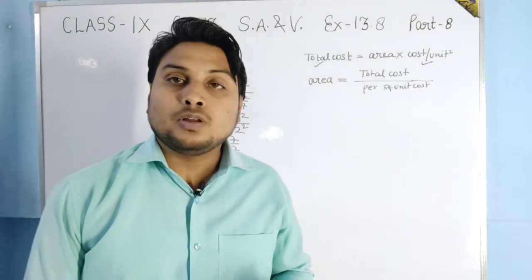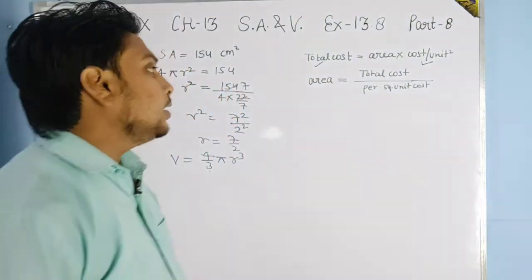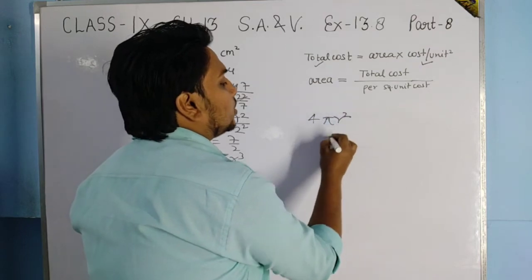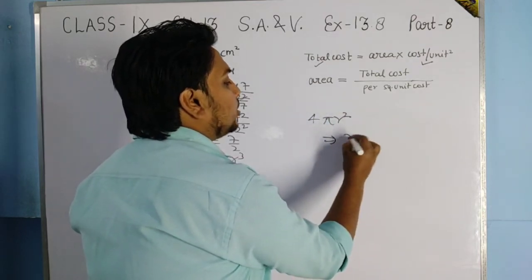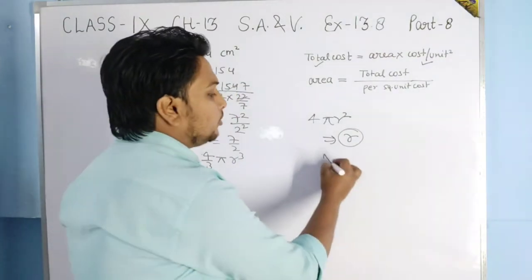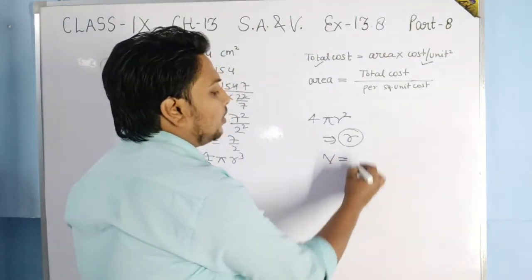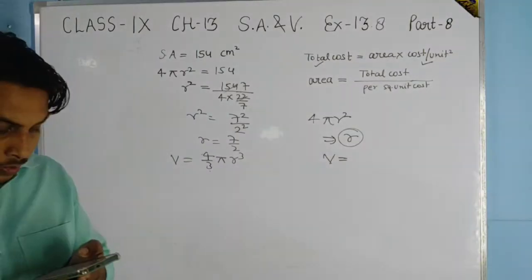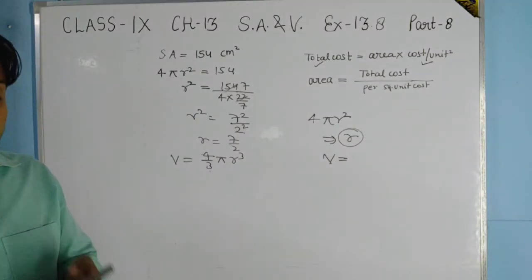Now you have to find the volume. If you have the inside surface area, for a sphere you have 4 pi r square, and from this relation you will find r. After finding r, easily you can find the volume, which is 4 by 3 pi r cube. But here it is a hemisphere.